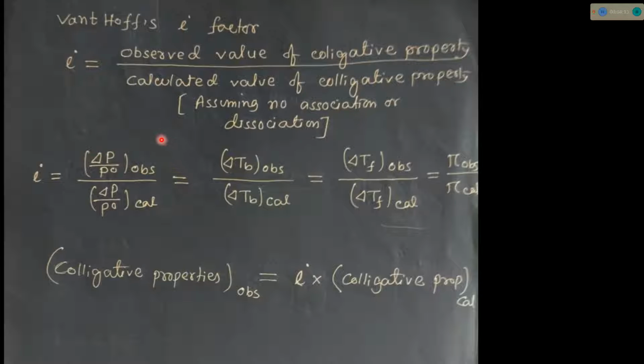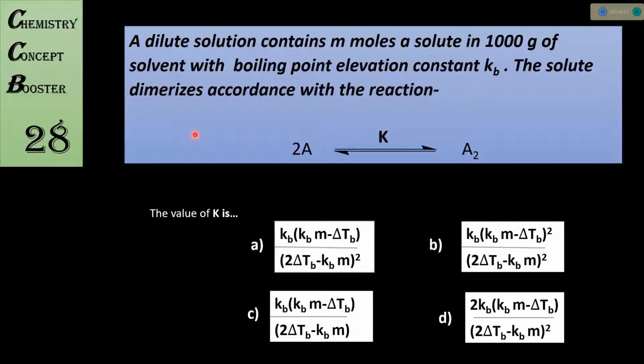But when there is association or dissociation of solute, we are considering A. See the question: if we are considering A, here there are 2 moles of A, but in the reaction it dimerizes. So actually we are observing a dimer of this solute A. According to our calculation there are 2 moles of A, but in result we observe a lower value of colligative property.